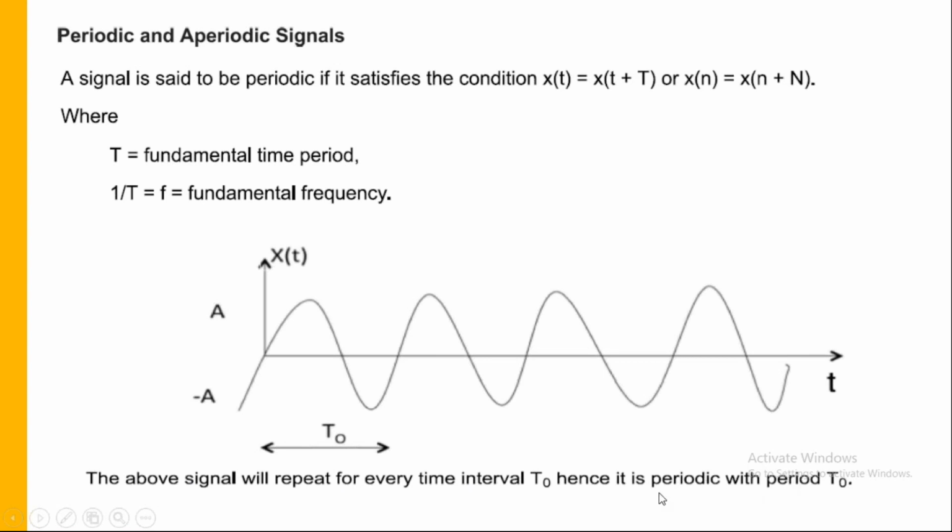Any signal which does not have this condition, we call an aperiodic signal. An example of an aperiodic signal is your voice signal, or non-deterministic signals. Sometimes you get ups and downs which are not repeating, not periodic in nature. Such signals you can call aperiodic signals.